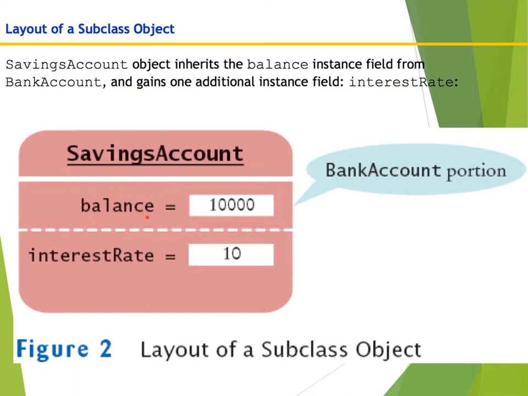In this case, for example, balance, which belongs to the superclass BankAccount, and it also has another portion which stores its own instance fields, the instance fields of the SavingsAccount that are not inherited from the superclass. So we have balance, which belongs to the superclass. We have interest rate, which belongs to the SavingsAccount itself.